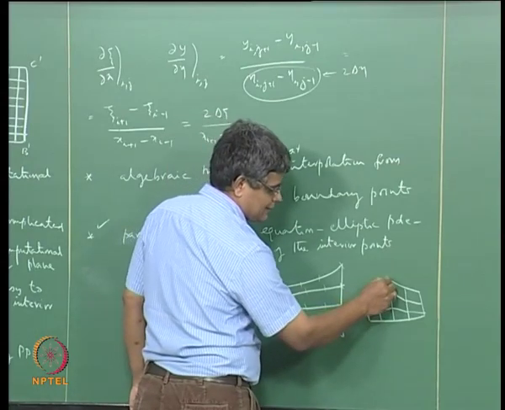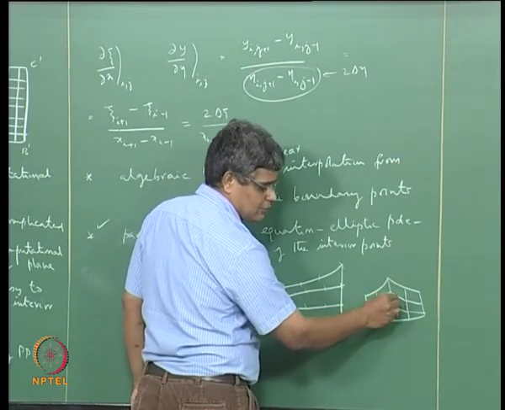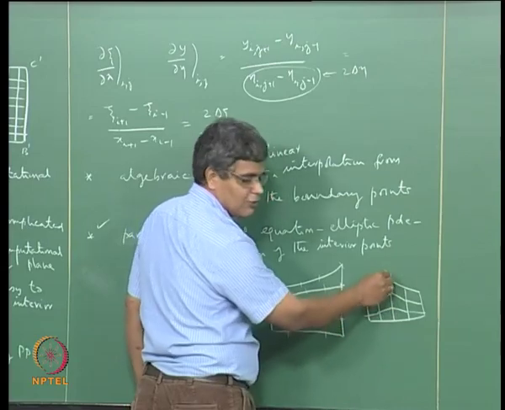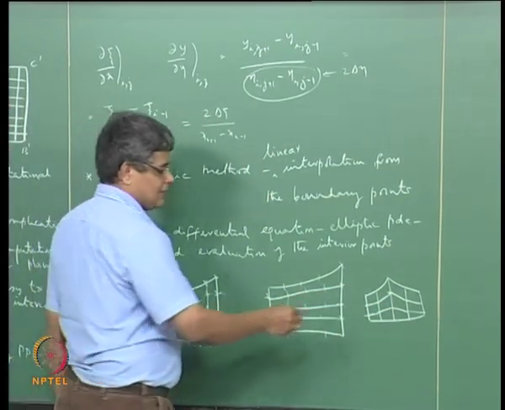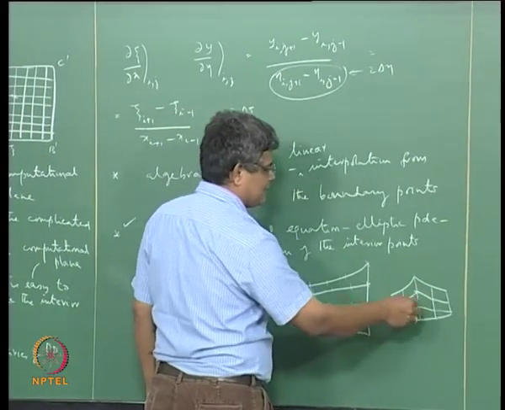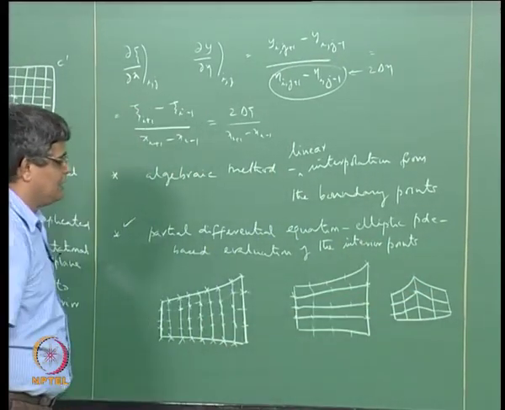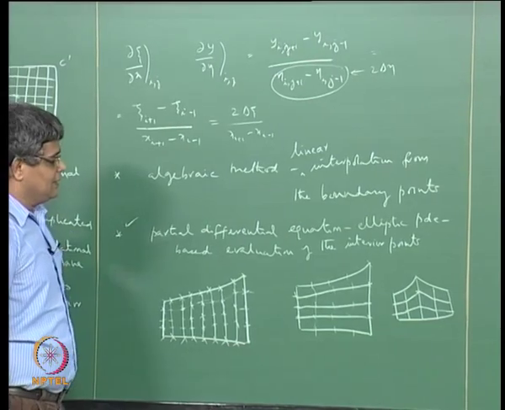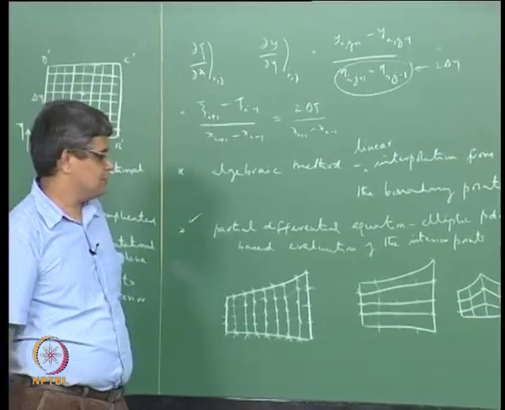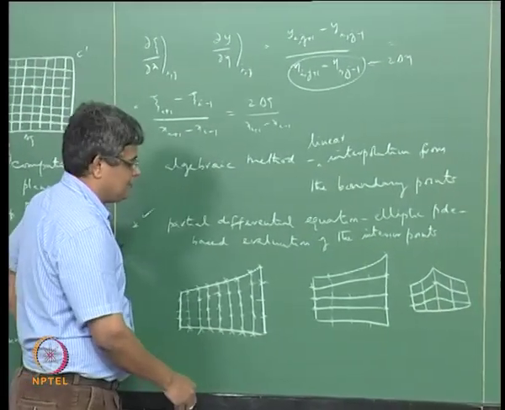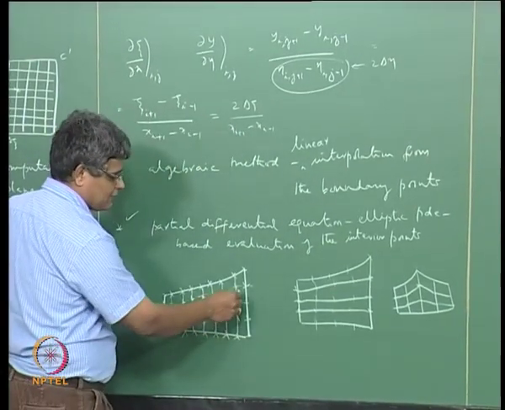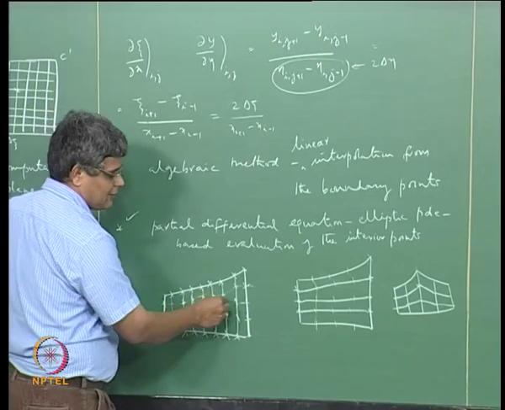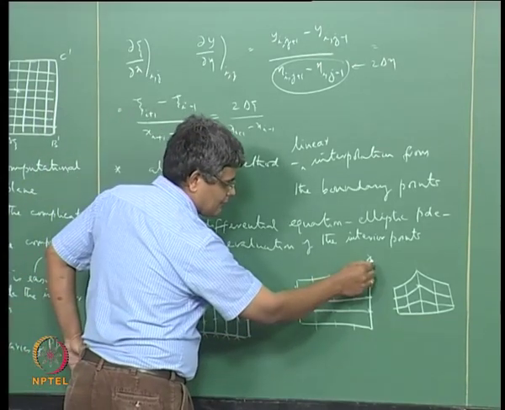This kind of discontinuity of slope that is present on the boundary because of the constraints of the physical domain is also propagating into the interior, because we have done a linear interpolation. And in some sort of curved boundaries, this kind of interpolation can also give rise to points which are lying outside.